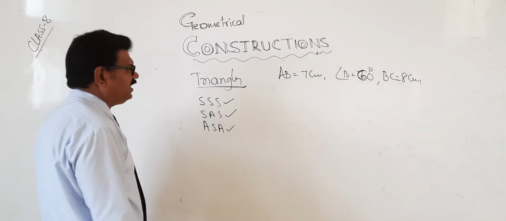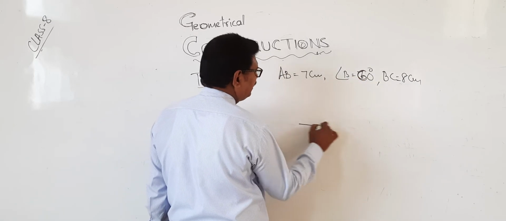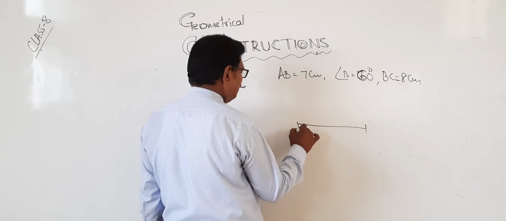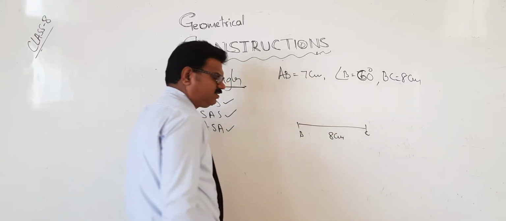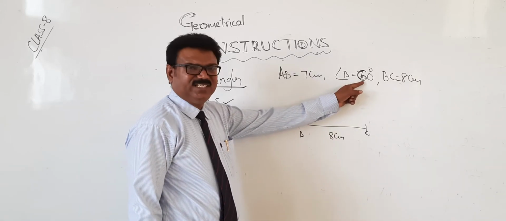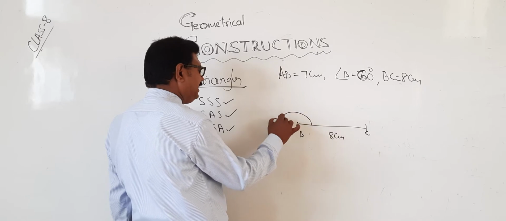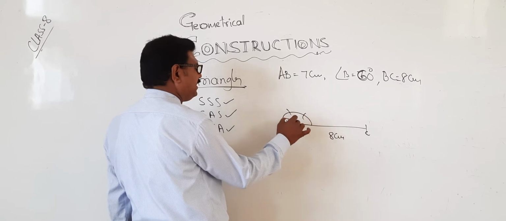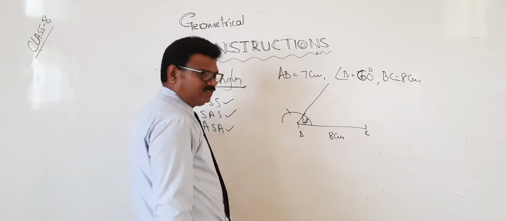Very simple. Any one you take. Okay, I will take BC. How many centimeters? 8 centimeters. Now angle B, how much is it? 60 degrees. Now 60 means what happened? Yes, cut. This is 60 degrees.